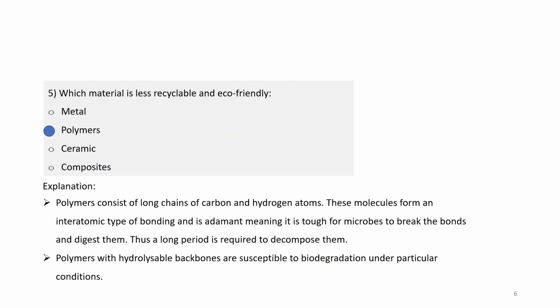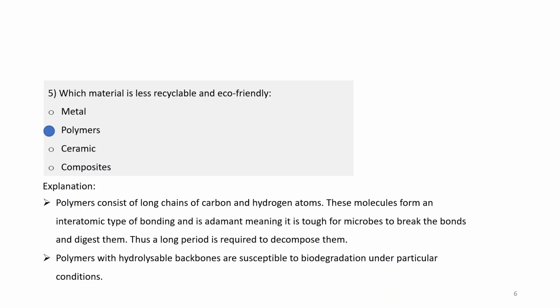Thus a long period is required to decompose them, and polymers with hydrolyzable backbones are susceptible to biodegradation under particular conditions. Most polymers that are used are not easily biodegradable, and single use plastics are also not easily recyclable.